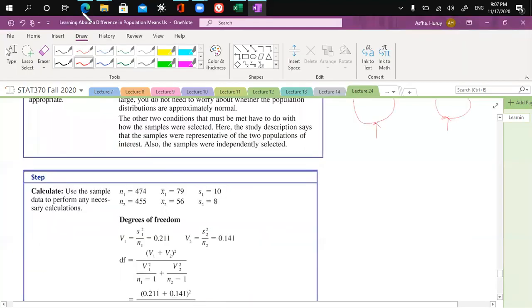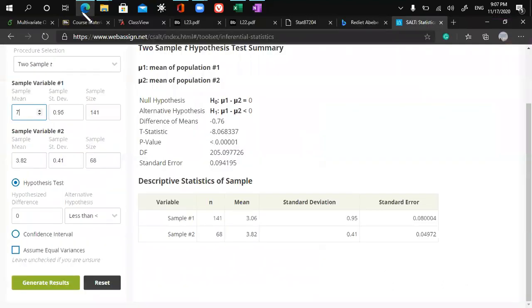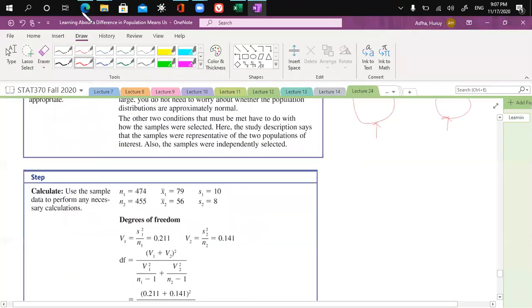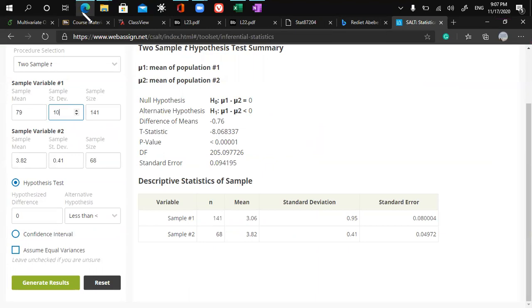Here the mean is 79, and the standard deviation is, I guess, 10.474. Then 56, standard deviation 8.455.